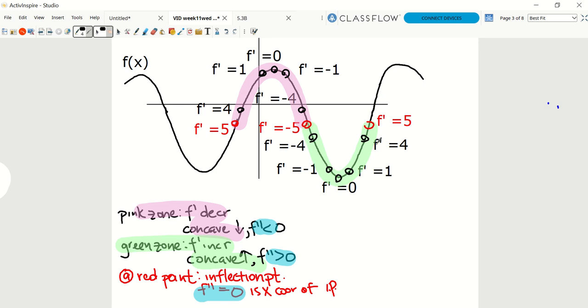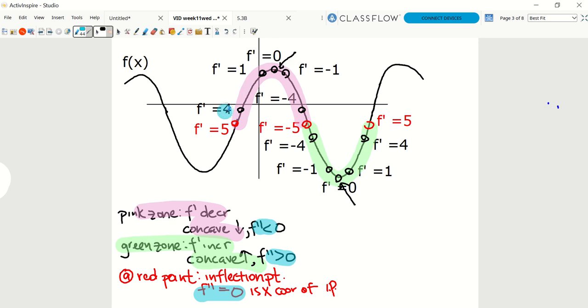Okay, there we go. Now we can say that this is a local max and this is a local min. The local max, for example here, is when the slope transitions from positive numbers into negative numbers.